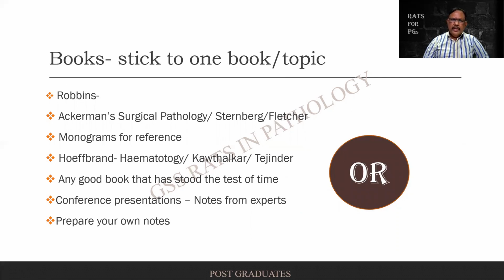For hematology, it can be Hoffman, and then a reinforcement with Kautalkar or Tejinder Singh as a revision. And what is a good book? Any book that has stood the test of time is a good book. So please do not change your book. By this time, you are the best judge and you are very familiar. In fact, read from your own Robbins rather than from your friend's Robbins.